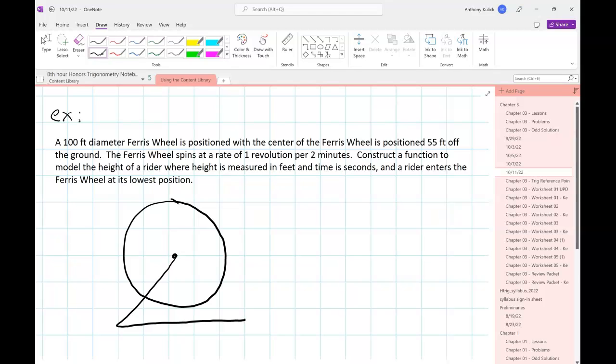I don't know, this looks maybe more like a hamster wheel or whatever, but this will be my Ferris wheel. It says that Ferris wheel has a diameter of 100 feet. So the radius then is 50.